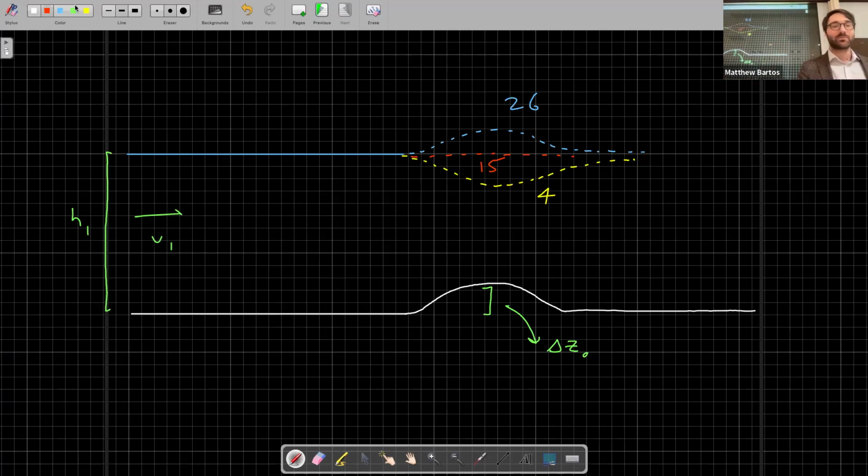What we want to do is predict the depth and, by extension, the velocity at the point where the water encounters the bump. So we have depth and velocity at the upstream end, depth and velocity at the bump. How could we go about analyzing this problem? What equation might we want to use here?